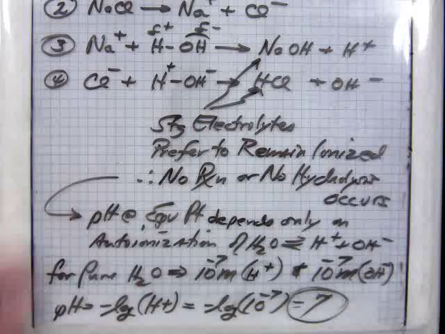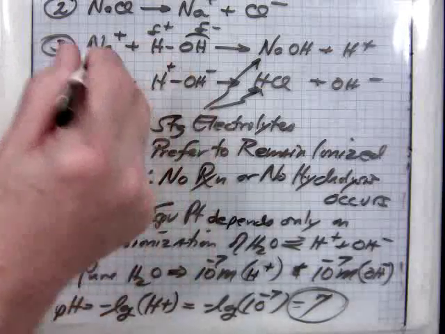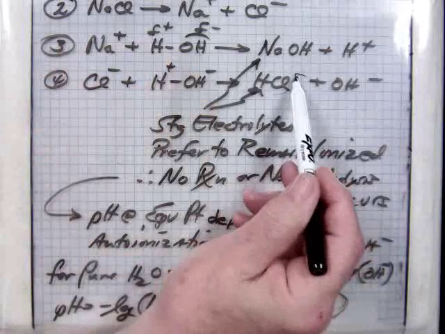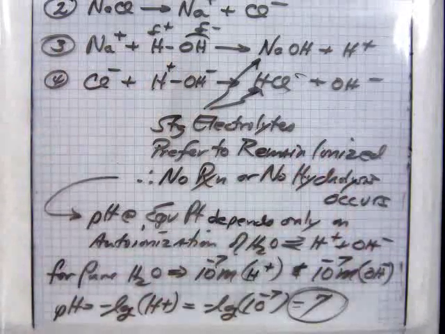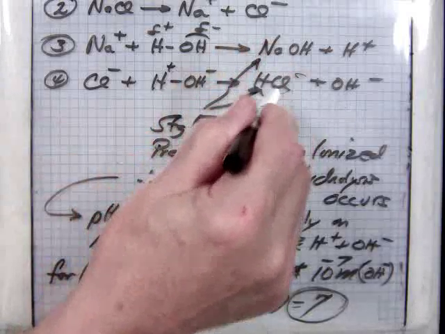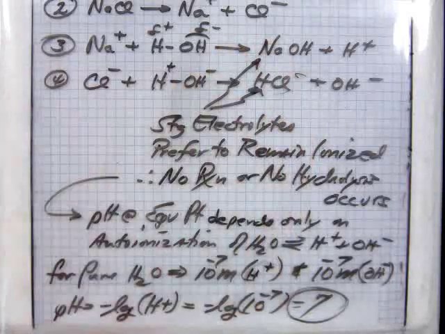And this is the reason why: the ions generated in the salt do not produce any weak electrolytes. So when you are studying these, I'll show you how to differentiate as we go along. Once you see those, you say no reaction, and whatever's left is what affects the pH.